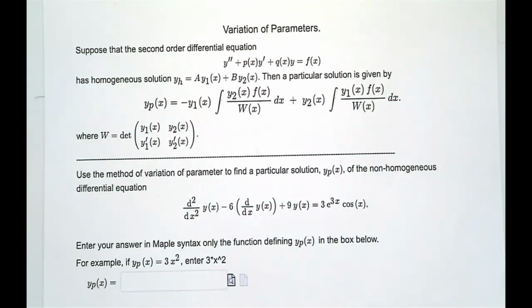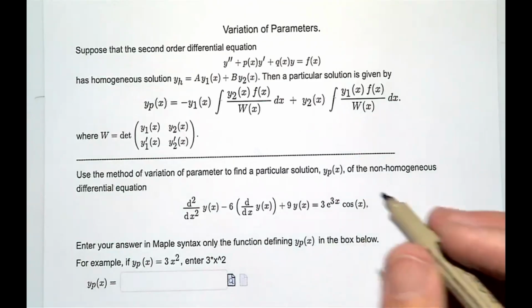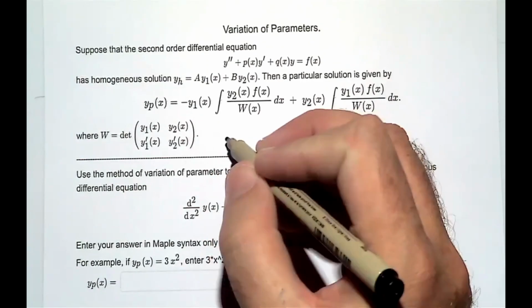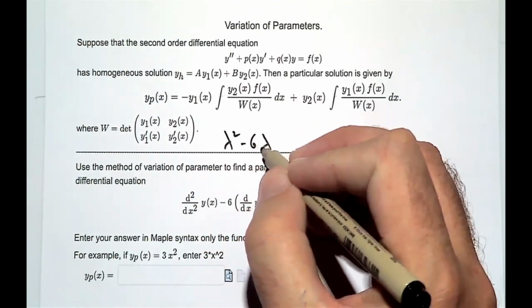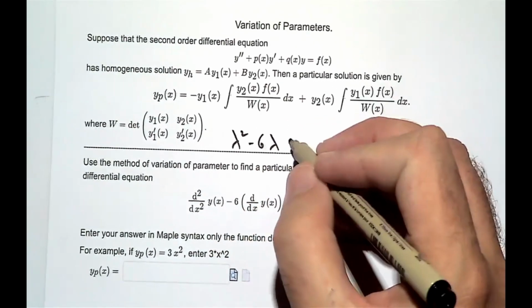In fact, I would argue it's always the same. We solve the homogeneous problem, and then we do stuff with the parts of the homogeneous problem. So, let's start. The characteristic equation for this one is going to be lambda squared minus 6 lambda plus 9 equals 0.